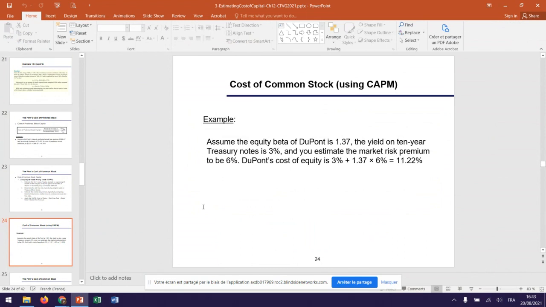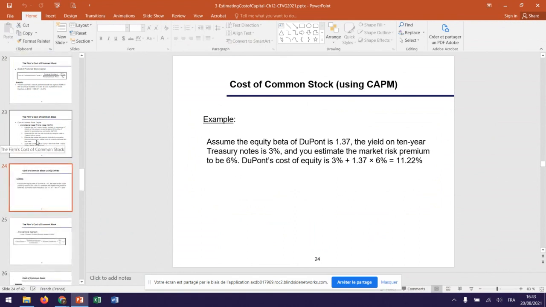The yield on the 10-year treasury notes, the long-term debt we use as the risk-free rate, is 3%, and we estimate the market risk premium at 6%. DuPont's cost of equity capital will be 11.22%, which also makes sense because it should be higher than the preferred stock and also higher than debt. Okay, that is the first way you can estimate it, using the CAPM.